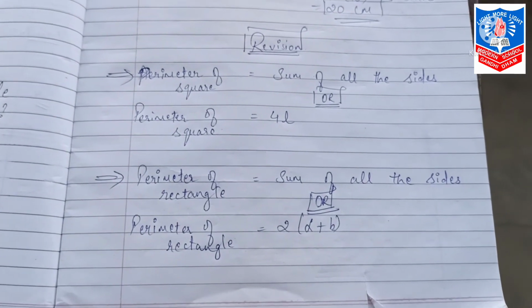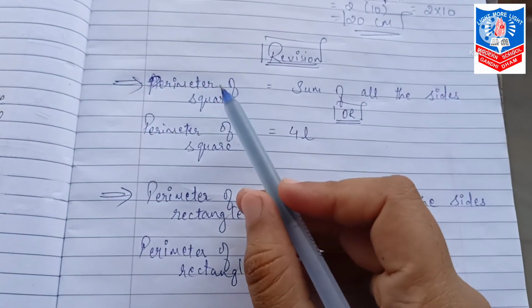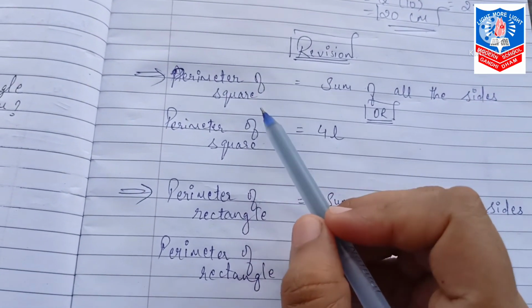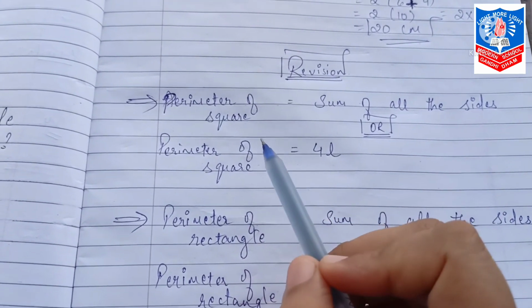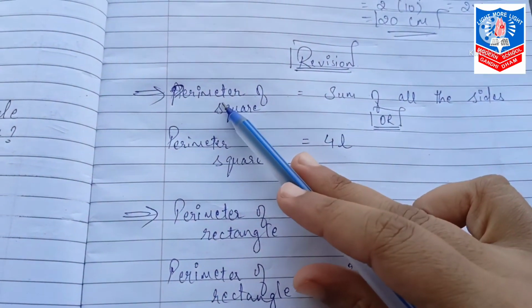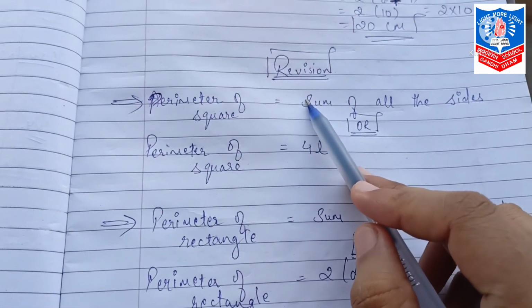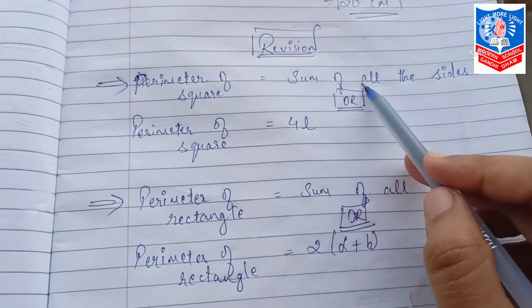Okay, now let us revise what we have done right now. We have used, children, two things over here. That means one is without formula and one is with formula. Now perimeter of square we can find by two ways. That is sum of all the sides.